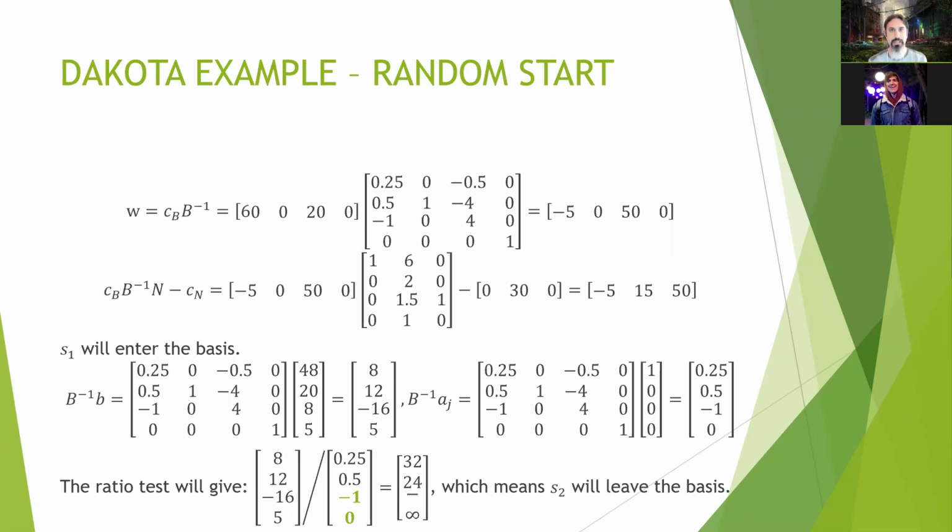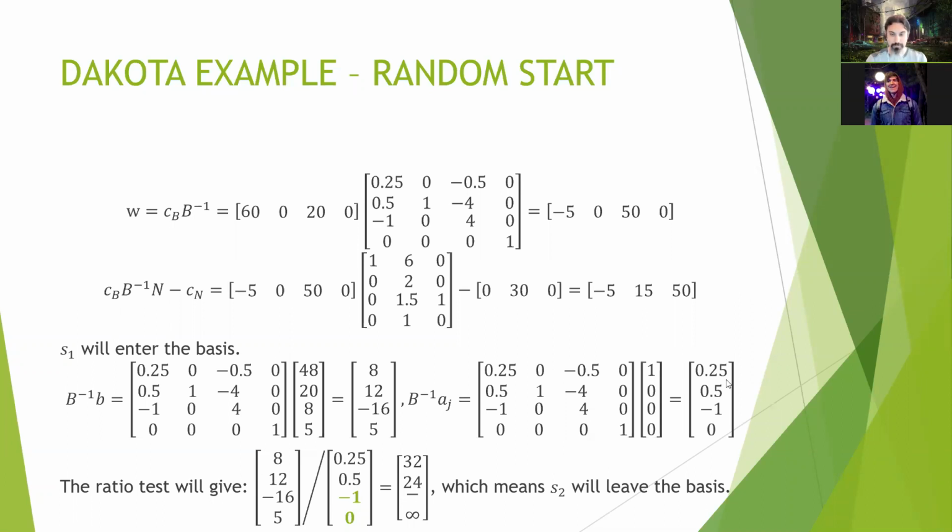B inverse is your time machine. It can revert the original values into current values. So when I multiply B inverse with Aj, the original constant values for S1, I get the current constant values for S1. B inverse changes original into current always.